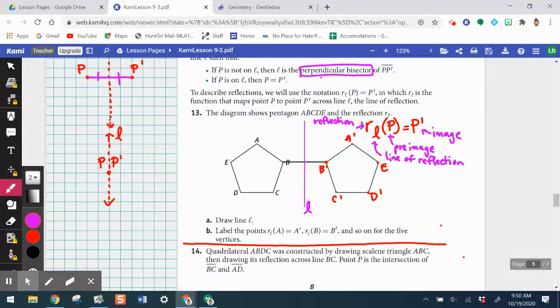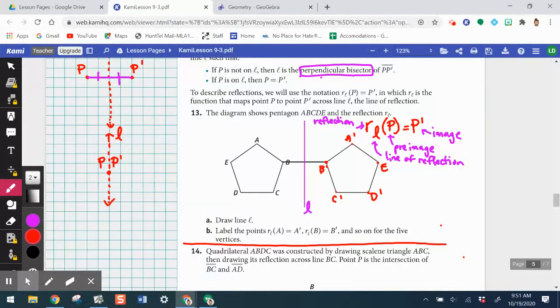So A told us to draw line L, our line of reflection, and then it said label the points, the reflection of A across the line of reflection L, and the result is A prime. They're just letting us know to label our vertices, and so forth with B prime. To give you an idea how I drew line L, first I drew a segment that connected B to B prime, those corresponding points. Because these points weren't necessarily on the line of reflection, I went half the distance from B to B prime, because it's bisected, and I drew line L such that two things were true.